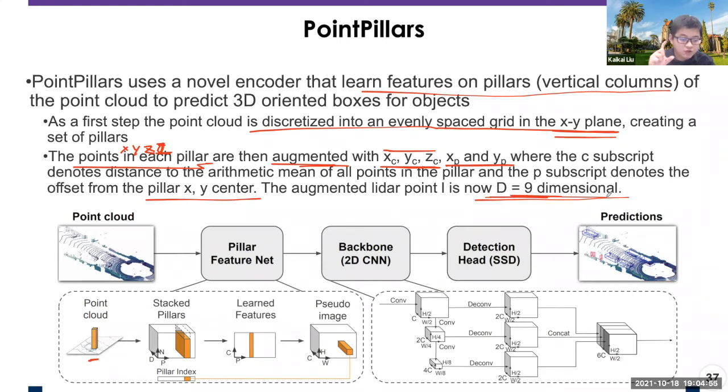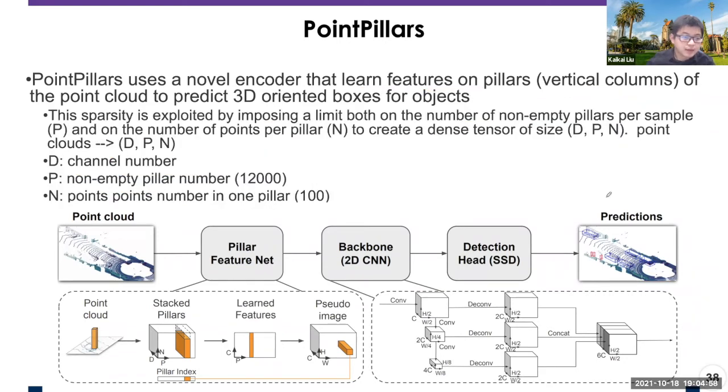D is the feature dimension. D looks like an image's channels, like RGB channels. D is actually 9. Then we also have P. We only need to pick the pillars with non-empty points.